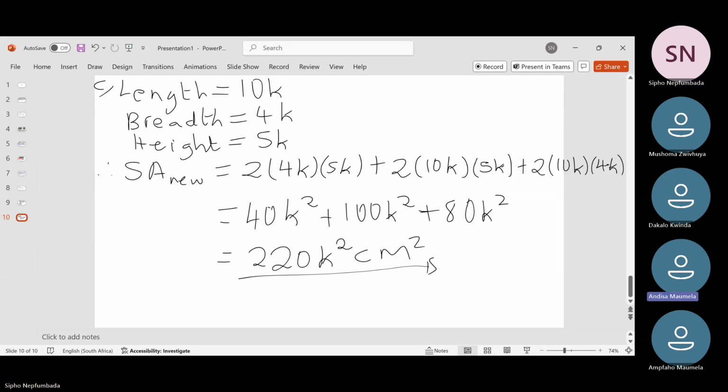If you skip the middle part, you are still going to get the same marks. I'm just explaining each and every step from here to there.